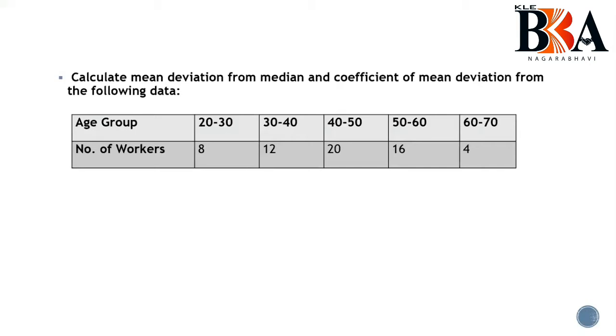They have given the age groups 20 to 30, 30 to 40, 40 to 50, 50 to 60, and 60 to 70, and the frequency, that is the number of workers: 8, 12, 20, 16, and 4. So we'll go for the solution of how to solve this.